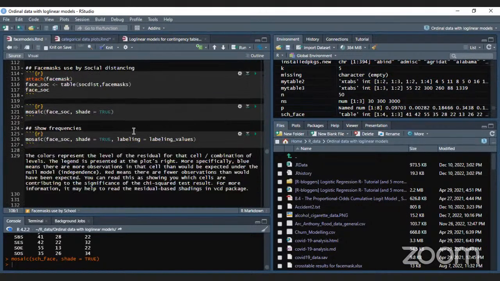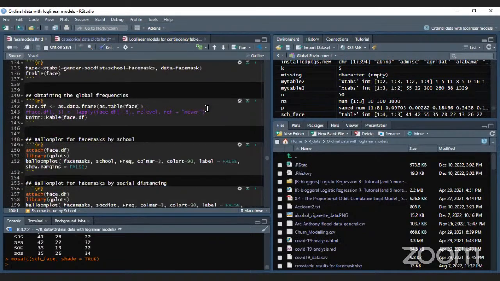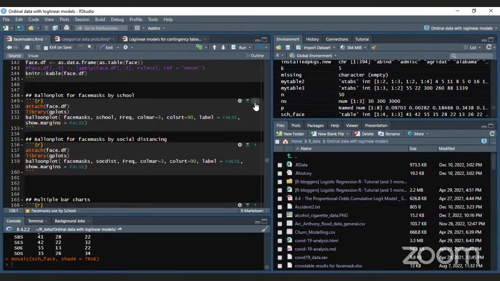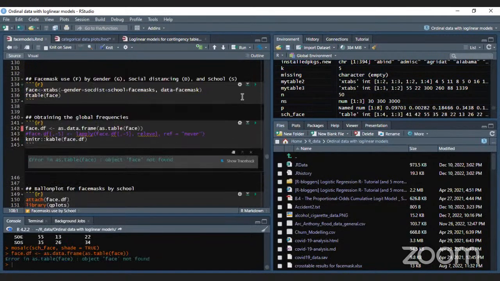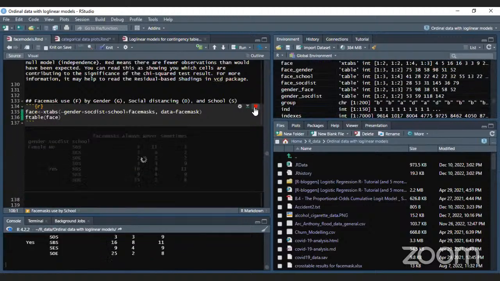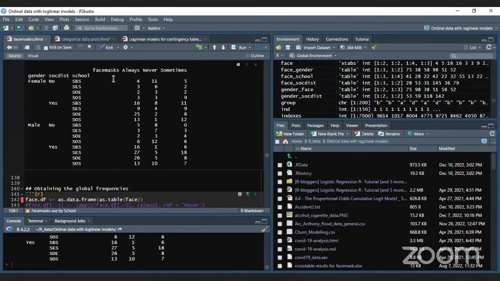Let me quickly go over time and see the one I did for the inferential. This balloon plot. Before that, let me show that of balloon plot. Sorry, I have to show the three-way that shows all the face mask usage by school. This is face mask usage by gender, by social distancing, and by school.